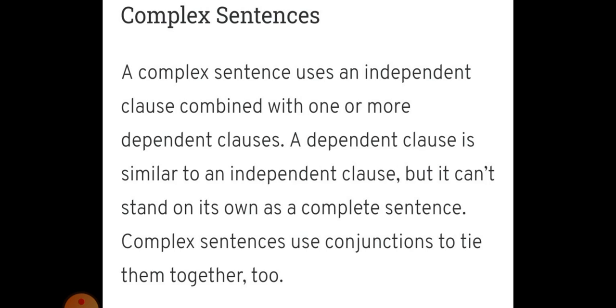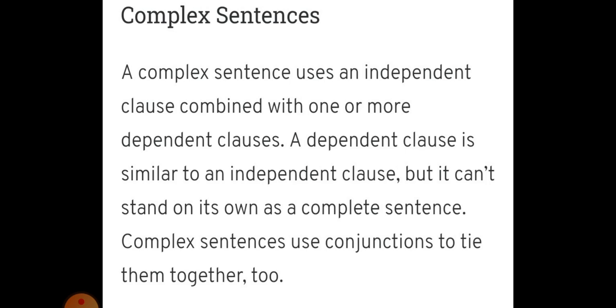So here the subordinate clause is always dependent on the main clause to make its meaning clear, because it can't stand on its own as a complete sentence, so it will always be dependent on the main clause or principal clause.